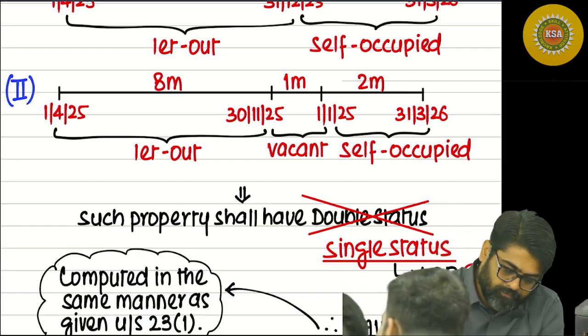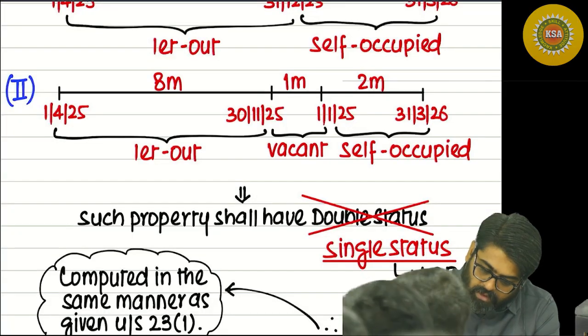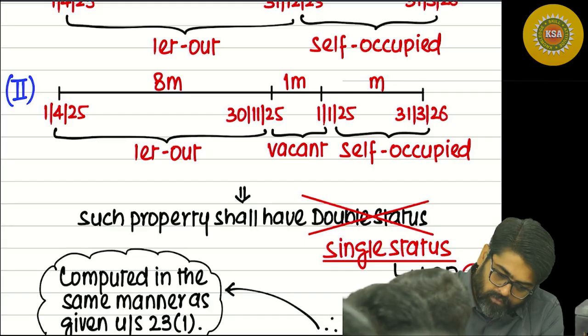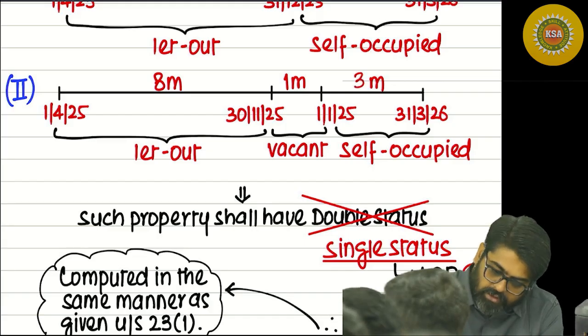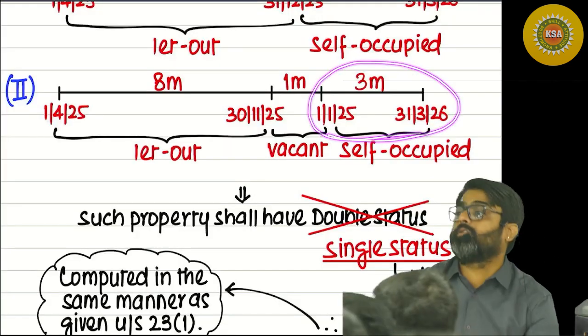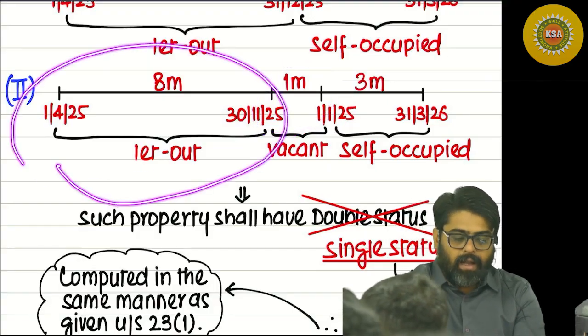Some mistake. This 8 months is okay, no? December, Jan, Feb, March. This will be 3 months. Jan, Feb and March. Right, no? Okay. So tell me, for these 3 months the property is self-occupied. 1 month the property is vacant. And 8 months the let-out period.